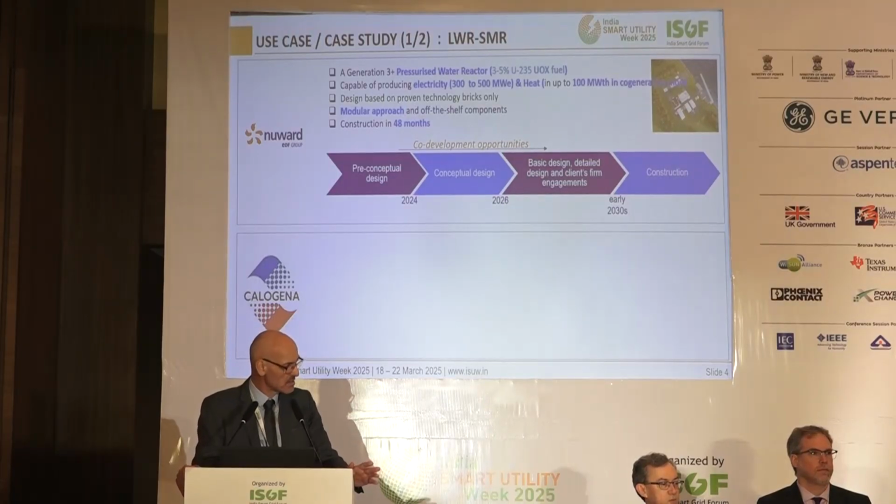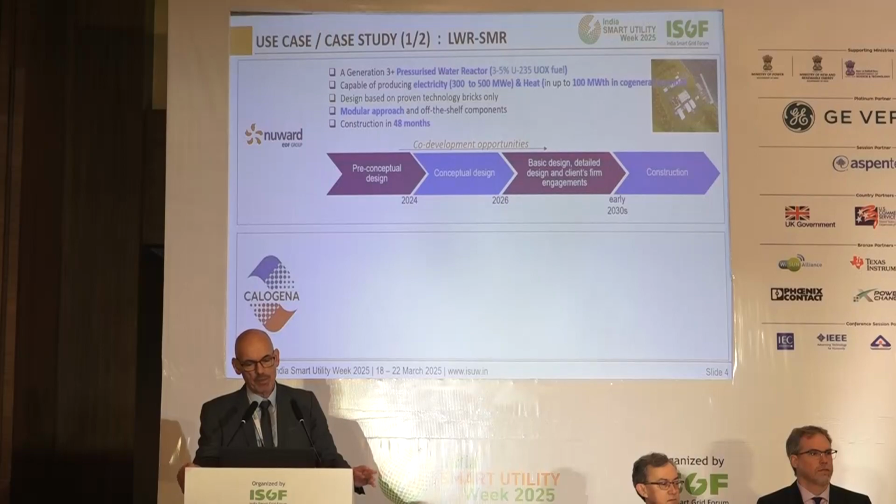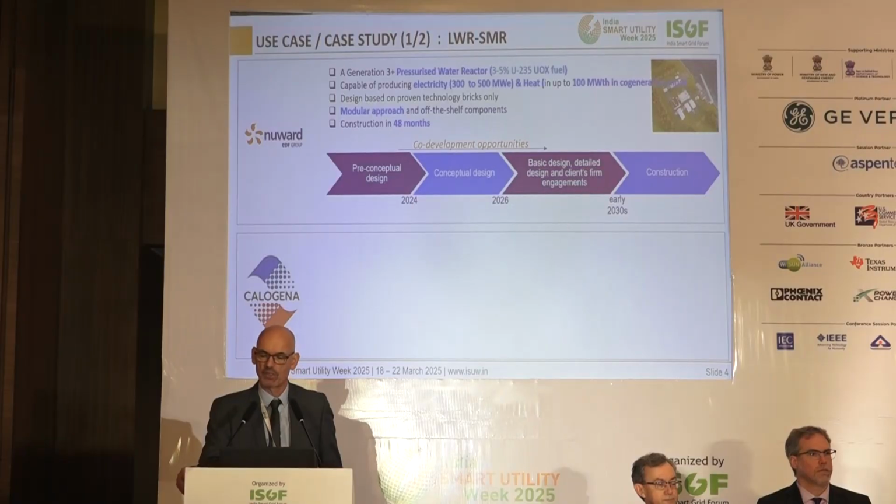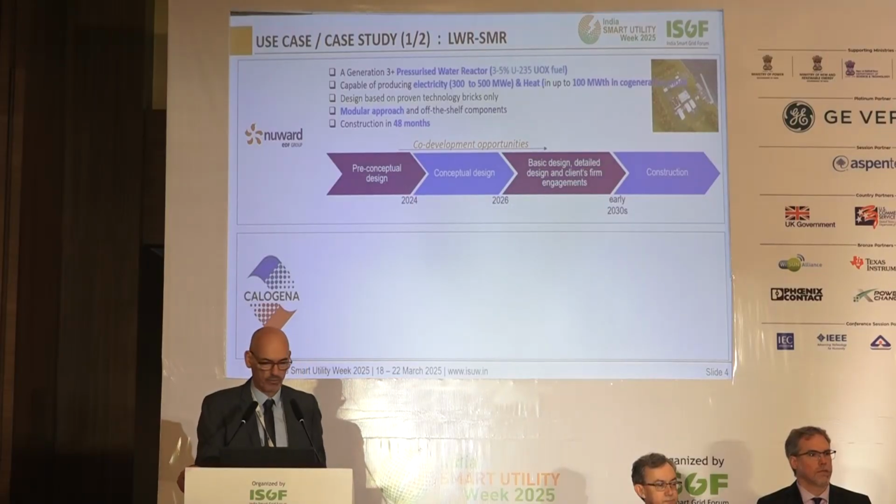It's a classical fuel. It's capable of producing electricity from 300 to 500 megawatt, and also heat up to about 100 megawatts, but in a cogeneration mode, of course. The design is based on proven technology bricks only.